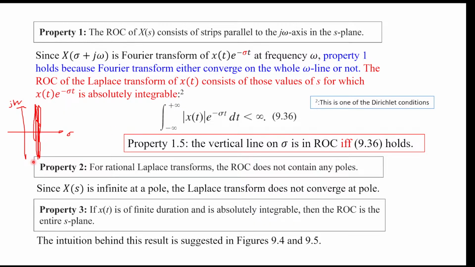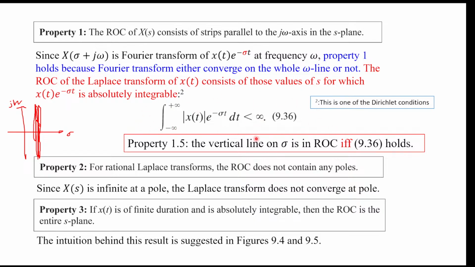So we think the Laplace transform is convergent only if the integral from minus infinity to plus infinity of the absolute value of x of t times e to the minus sigma t dt is a finite value. This is property 1.5, which we will use even more than property 1: some vertical line at sigma is inside the ROC of your Laplace transform if and only if this equation holds.